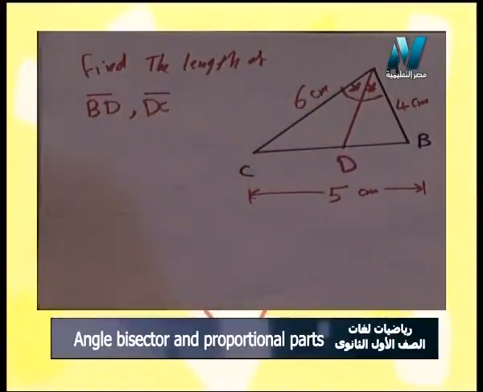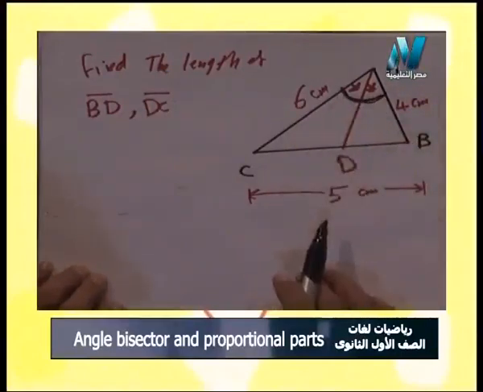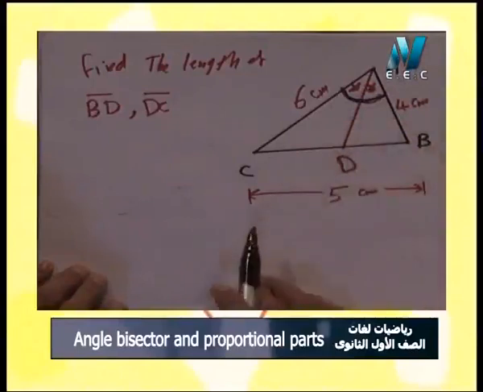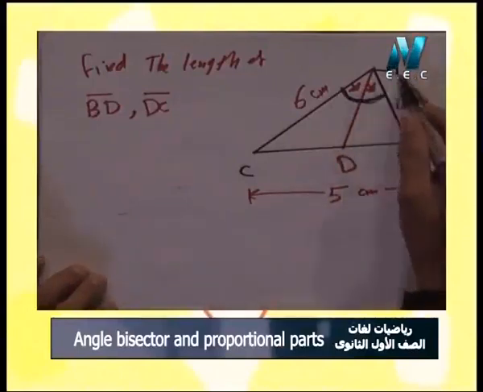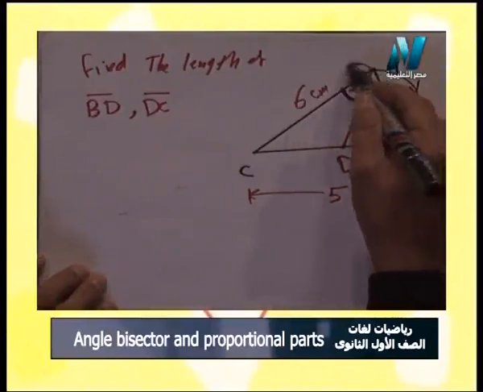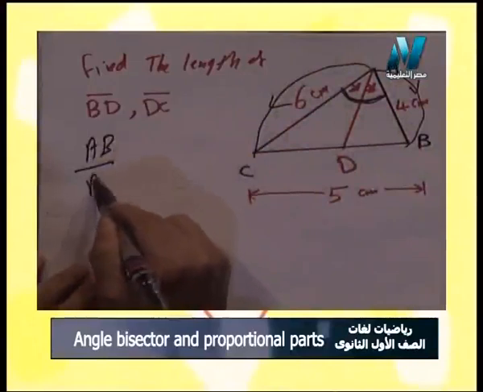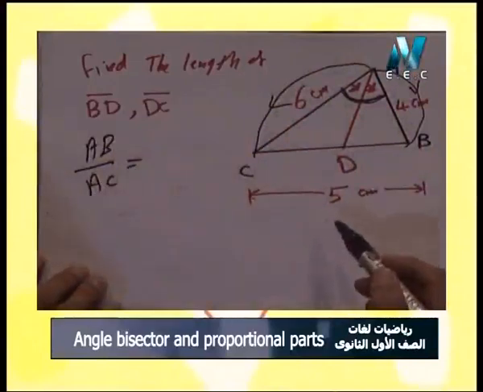Look carefully here. We have a triangle and we have a bisector. Remember that if we have an interior bisector, then the ratio will be AB, yes, say with me, over AC. AB over AC equals what?